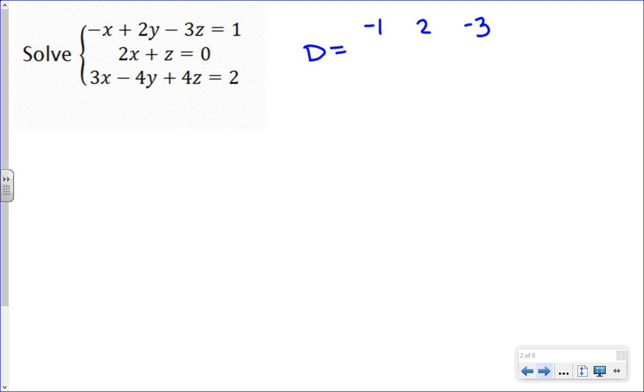Our second row? 2, 0, 1. Good. And our third row? 3, -4. Good. Thank you, Lindsay. For Cramer's rule, we need the determinant of that matrix. So I'm going to give you the opportunity right now to find that determinant.